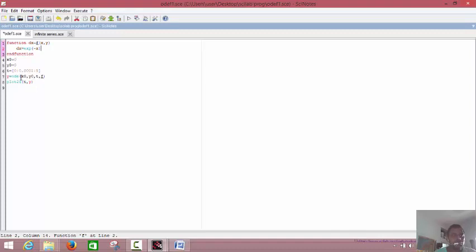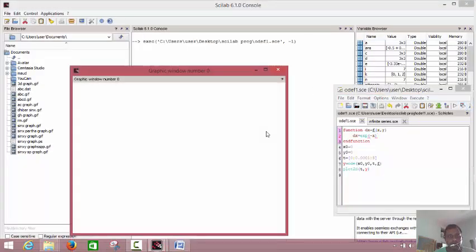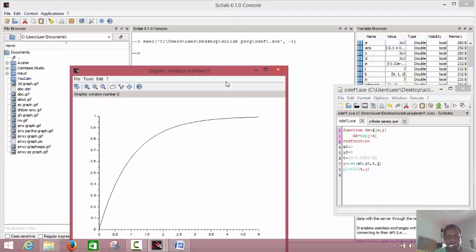The function is ode. The first two terms are the boundary conditions x0 and y0, then the values for which we want the solution, and f is this function, and we want to plot the function. When we run this program, we get a graph like this.